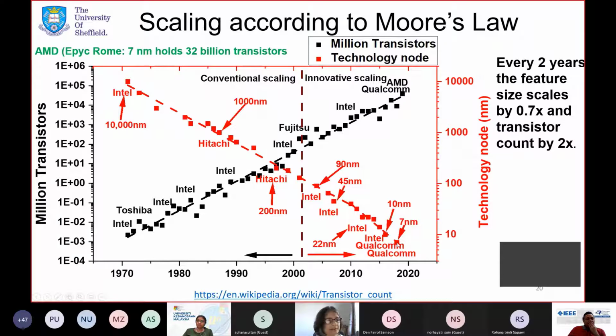But today, the EPYC Rome at the 7 nanometer node in 2019 held 32 billion transistors on a single chip. And this has happened because every 2 years the feature size scales by 0.7 times, and that doubles the number of transistors on a single chip.